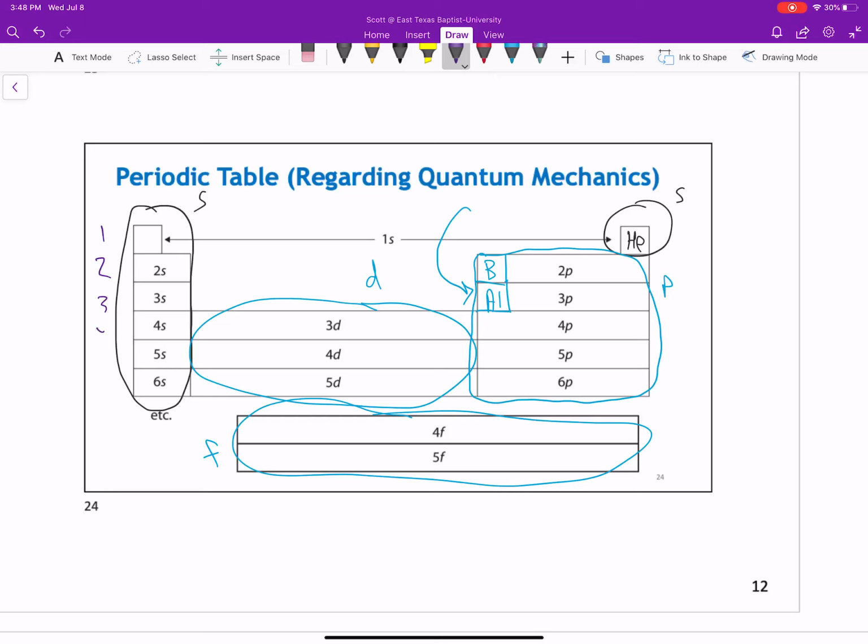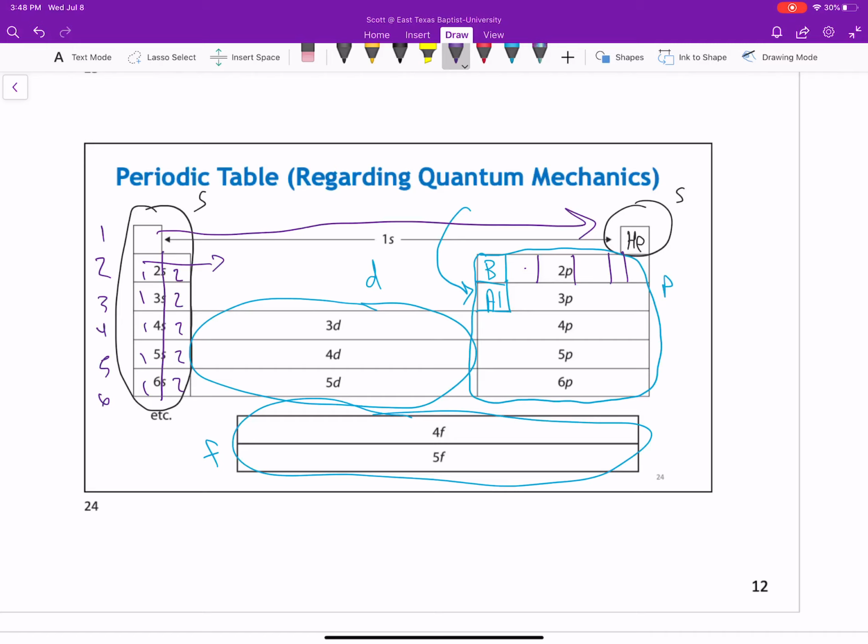It's pretty simple: 1, 2, 3, 4, 5, 6, so on and so forth. So it'd be 1s2, there's 2 electrons, and then 2s2, there's 2 electrons. And then the 2p is divided into 6. And then 3s2, and then 3p1. That would give you aluminum.